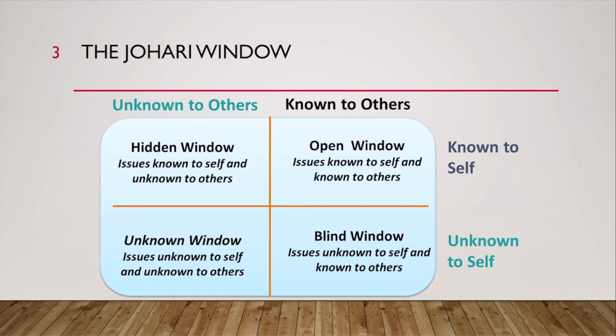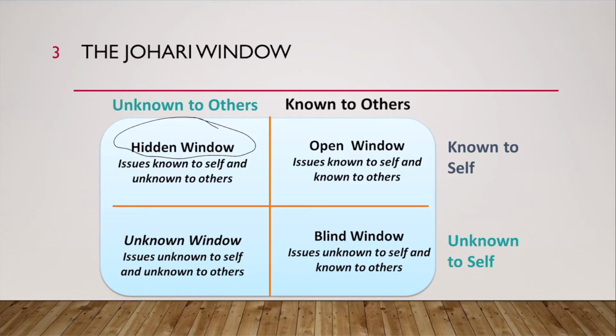Now, the Johari window is, as you see here, a visual depiction of how we relate to others and how we relate to ourselves. There's what we call the hidden window, and these are issues that are known to you but unknown to others.